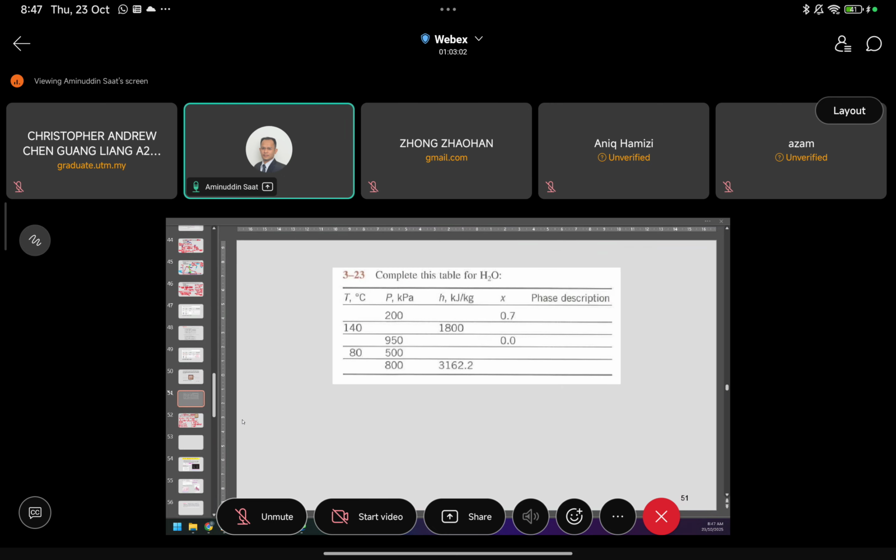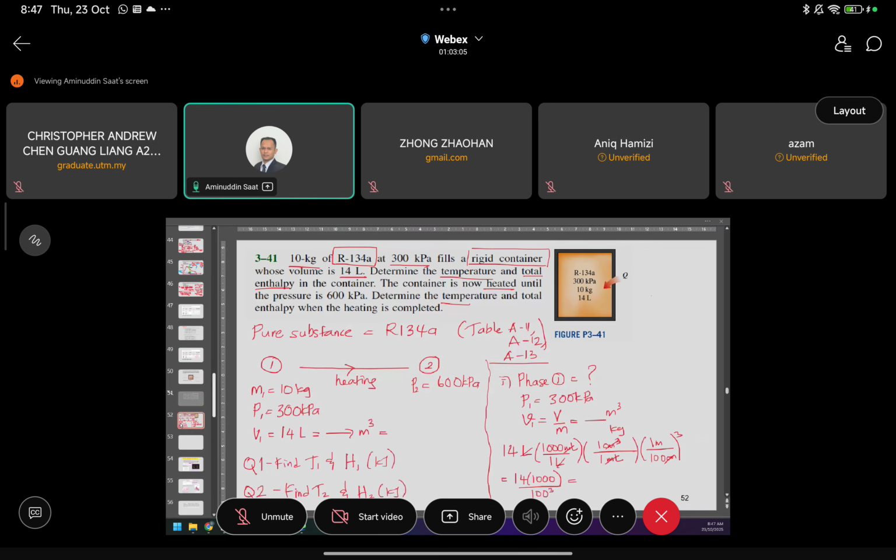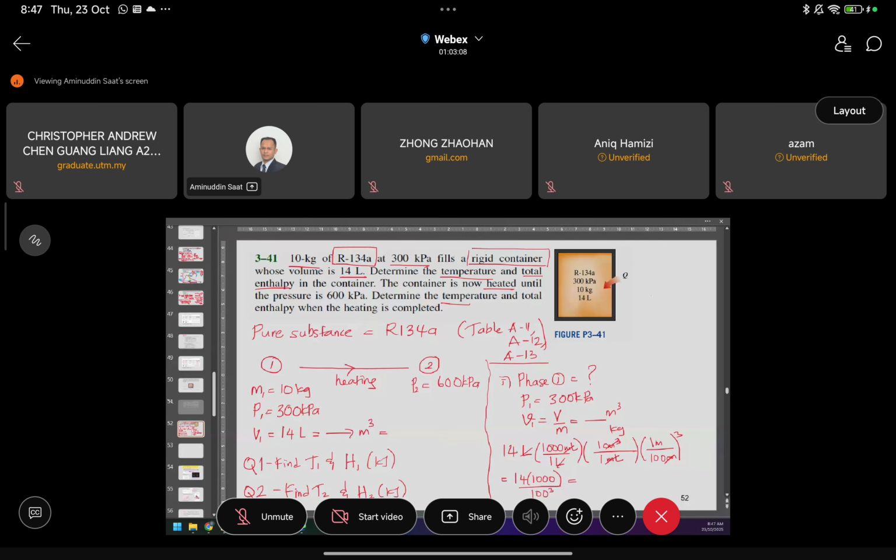If you have already calculated, you can share in the chat box. Okay, 0.014 meter cube. So that is the volume in meter cube.